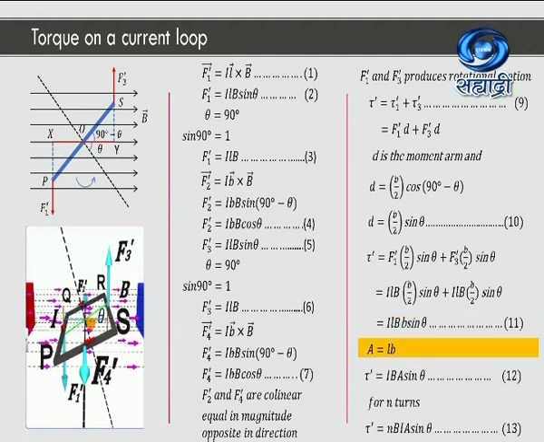A is nothing but the area of the loop, which is equal to L B. Therefore, torque tau dash is equal to I B A sin theta. If it is a coil of N turns, then the net torque tau dash is equal to N B I A sin theta, equation number 13.